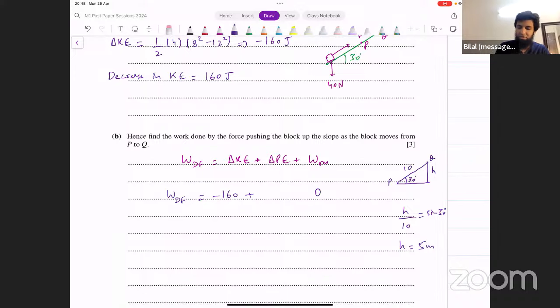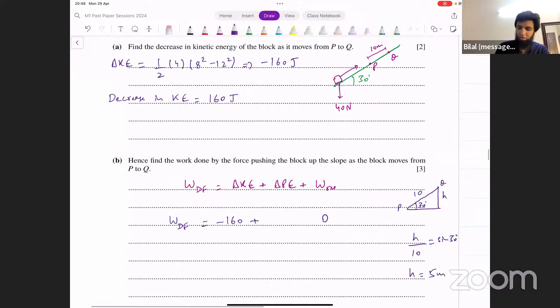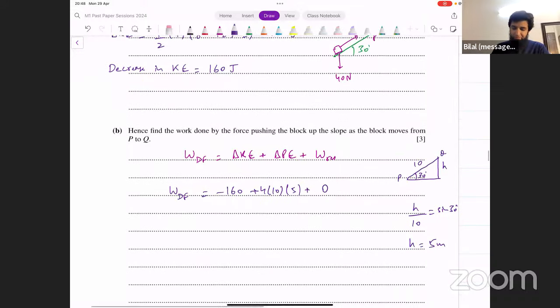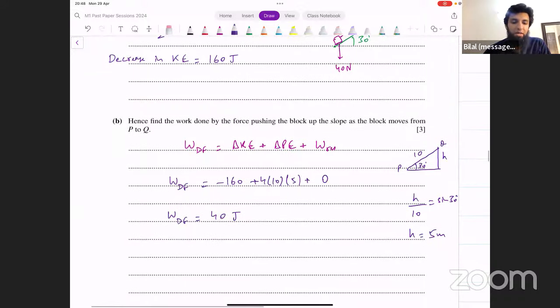So M, which is 4, multiplied by 10 into change in height, that's 5, plus 0. That should give you the work done by the pushing force. You can see what that turns out to be. 40 into 5 is 200, 200 minus 160, that's 40 joules. That's the work done by the pushing force that we were looking for, using the work energy principle.